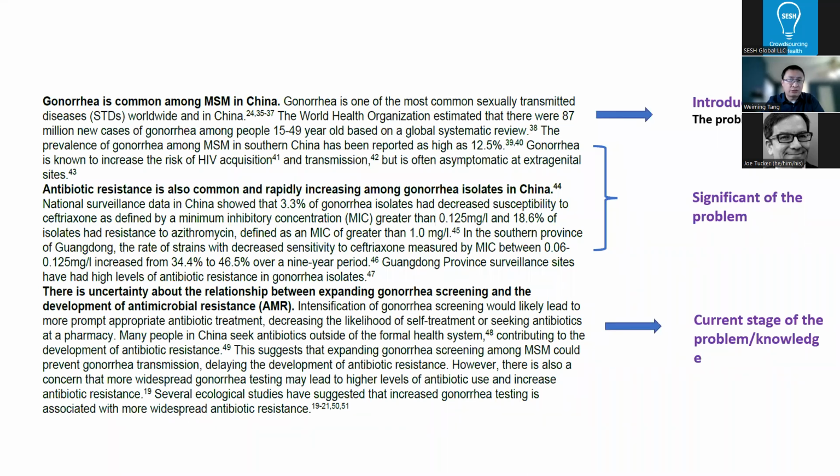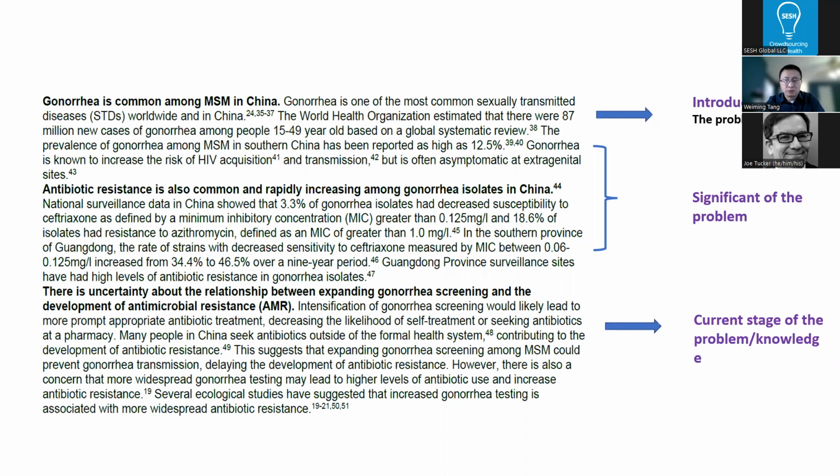Gonorrhea antibiotic resistance is also becoming more common and rapidly increasing. We are worried that we will have no antibiotics to use in the future because of the AMR issues. Based on this knowledge, you tell the reviewer that this is a very important problem, that you need to pay attention to this problem, and you need to support us to address this problem.